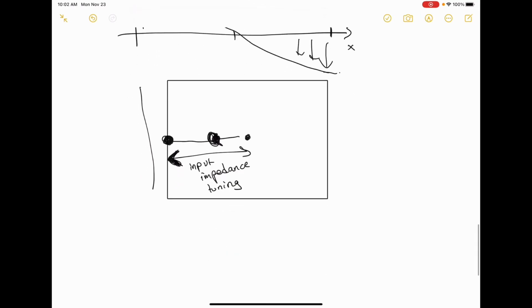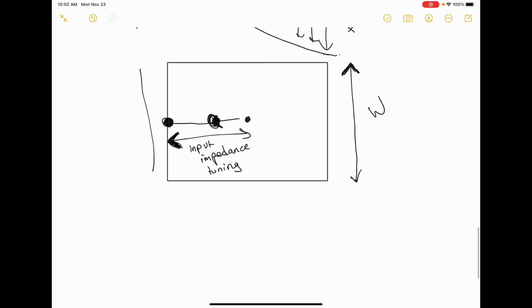I can also tune the input impedance of this by changing its width for two reasons. First of all, because this patch antenna is just a really wide piece of microstrip line, and if you change the width of microstrip line, you change the characteristic impedance. But also because radiation primarily happens from the edges of the antenna, from here and here.